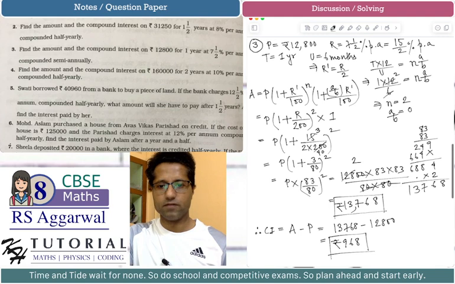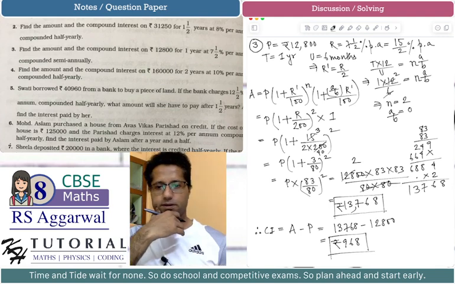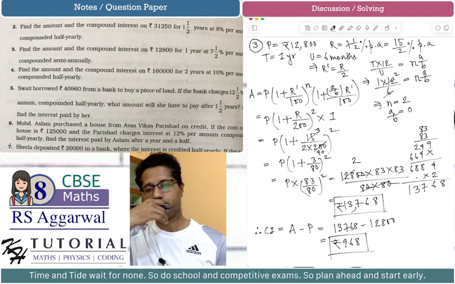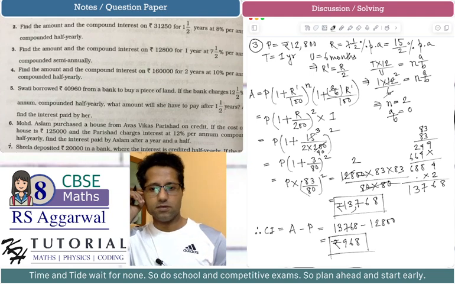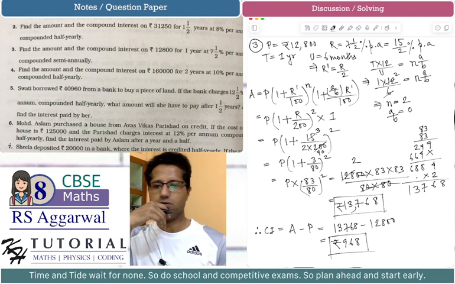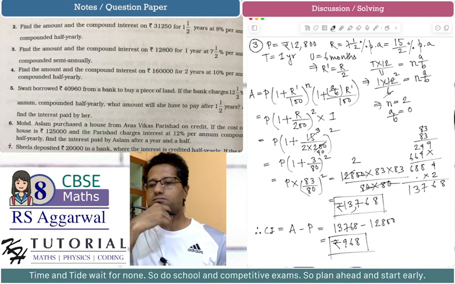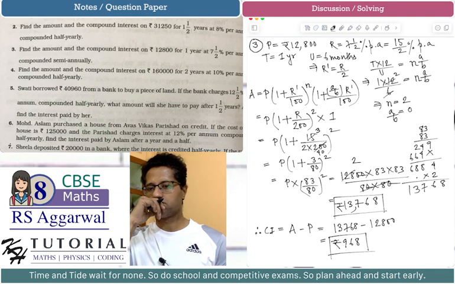So 15 by 400, when simplified, is 3 by 40, 3 by 80, so 83 by 80 whole square, which is 12800 multiplied by 83 into 83 divided by 80, 64, 2.